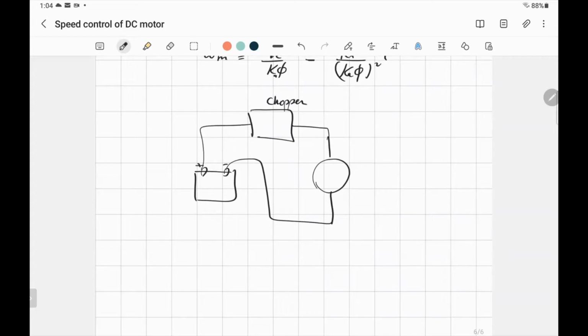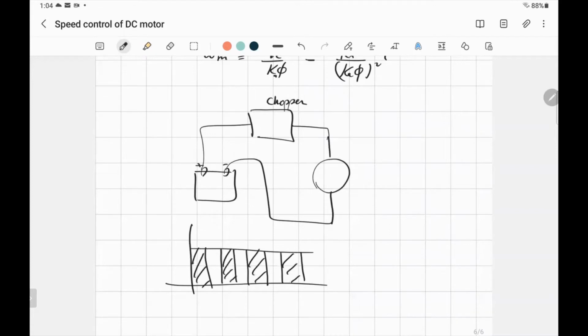This chopper is electronic. It turns on and off quickly. So if you have 12 volts, and you interrupt it, you make on, off, on, off. So let's say that it's on here, off, on. So the average voltage will be lower.